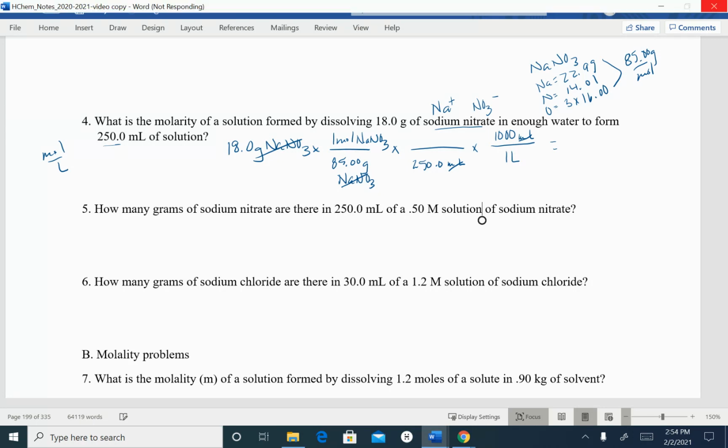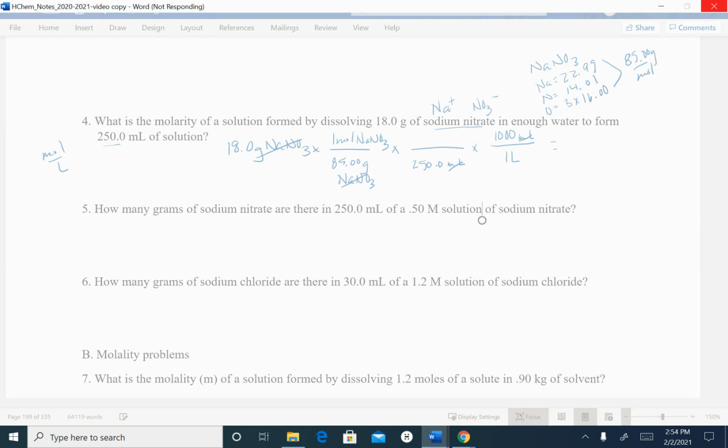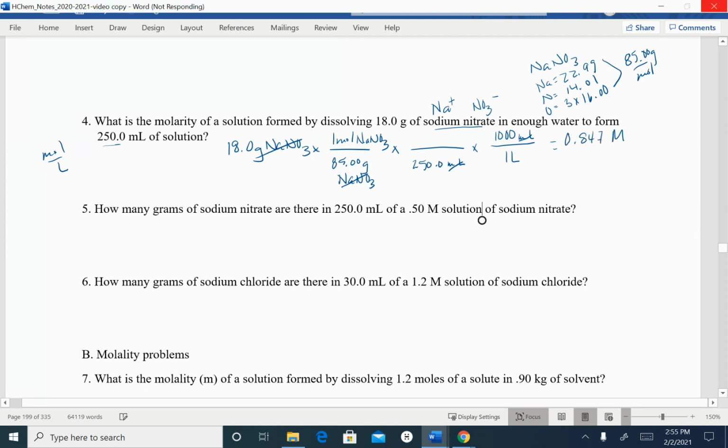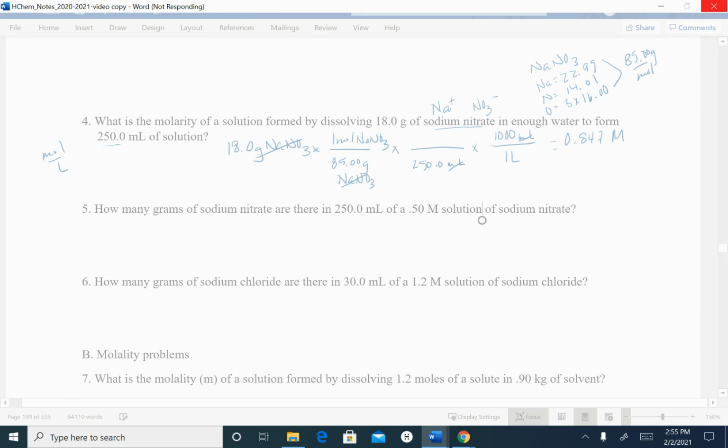We've got 3 sig figs on this, so this will give us 0.847 molar sodium nitrate.